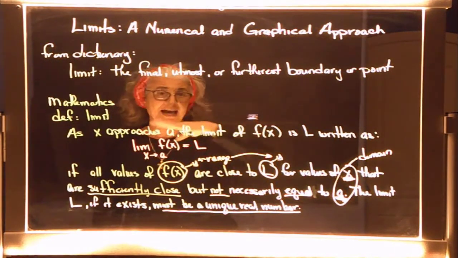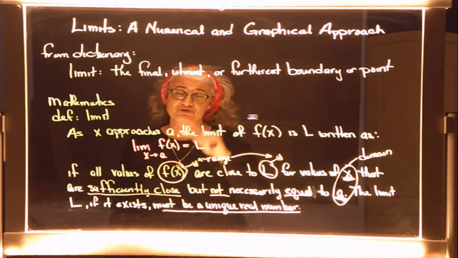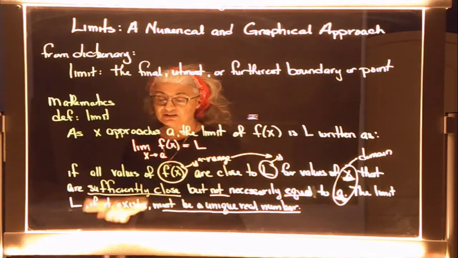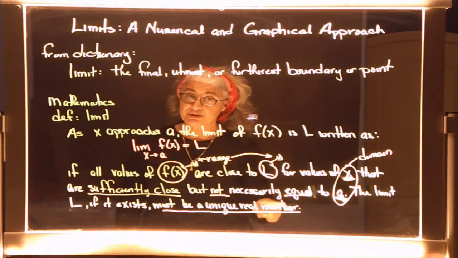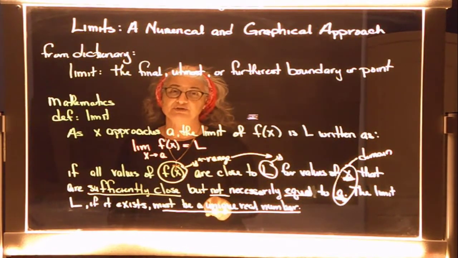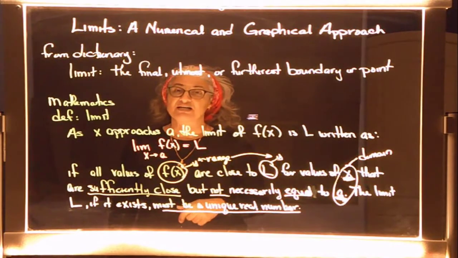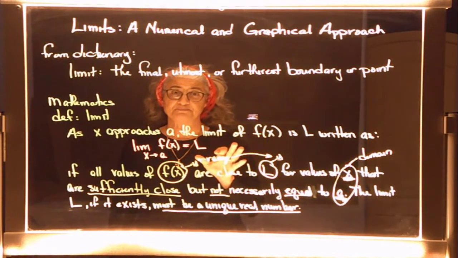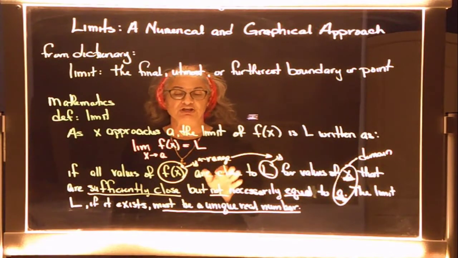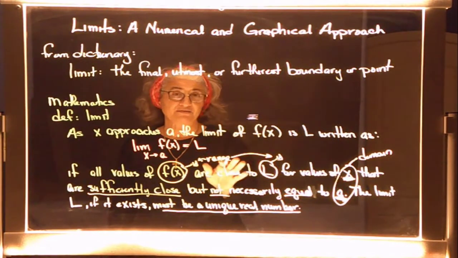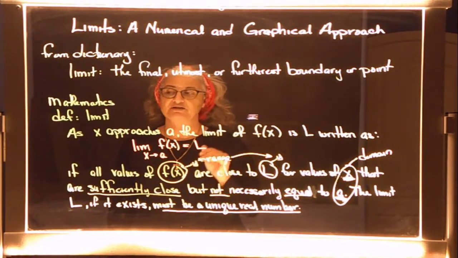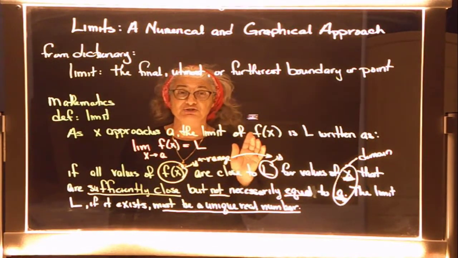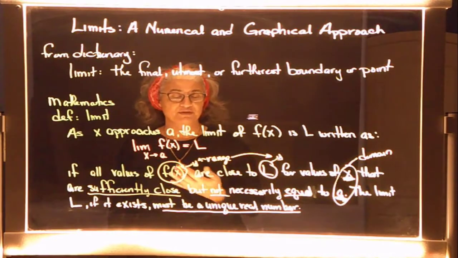The graph only has an x and a y axis. There's no imaginary axes here. So the L must be a real number, but it also has to be unique. It has to be one of a kind. You can't have two different L's. Good? Okay. So if you haven't done this yet, pause the video, take time to copy this down, and I am going to see you in a few moments.